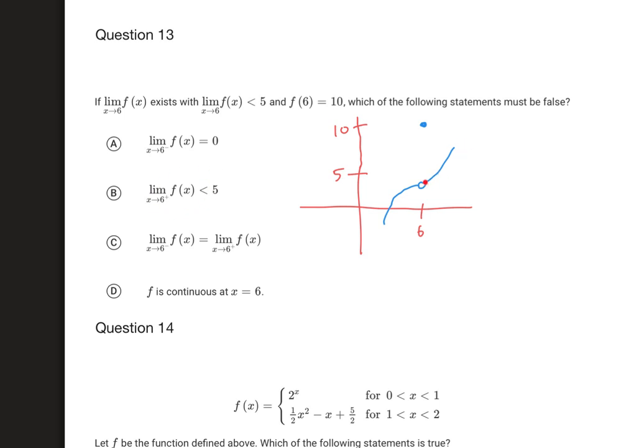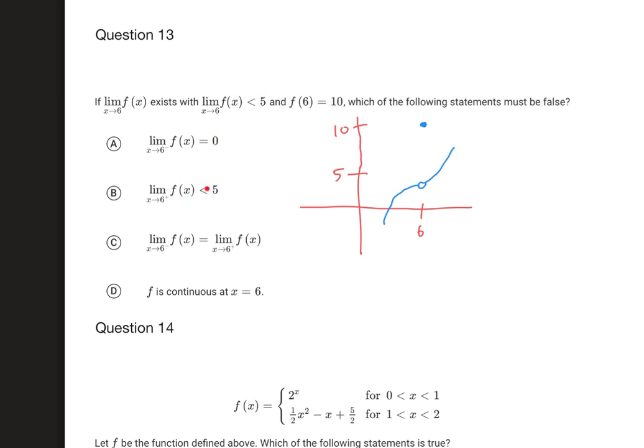Yeah, for sure, because the limits from both sides have to be less than 5. So this next one, then, we're seeing which ones must be false. Really this doesn't have to be false. This could be true. I should have said that. This is less than 5, and that doesn't have to be false. So that's not an answer choice.